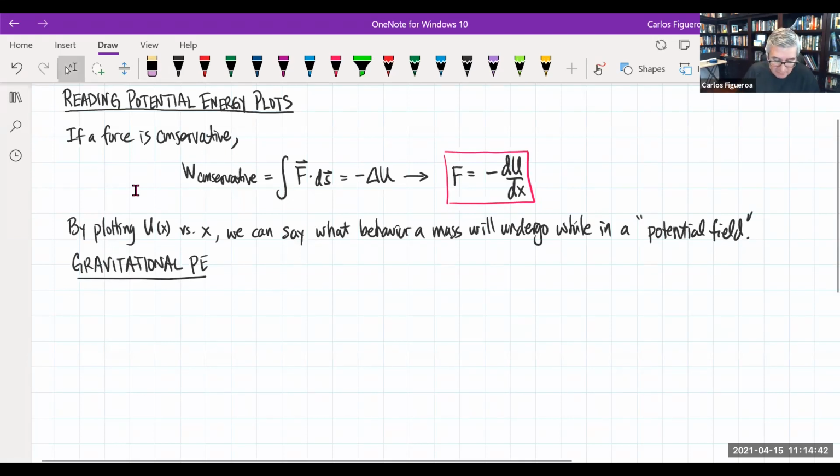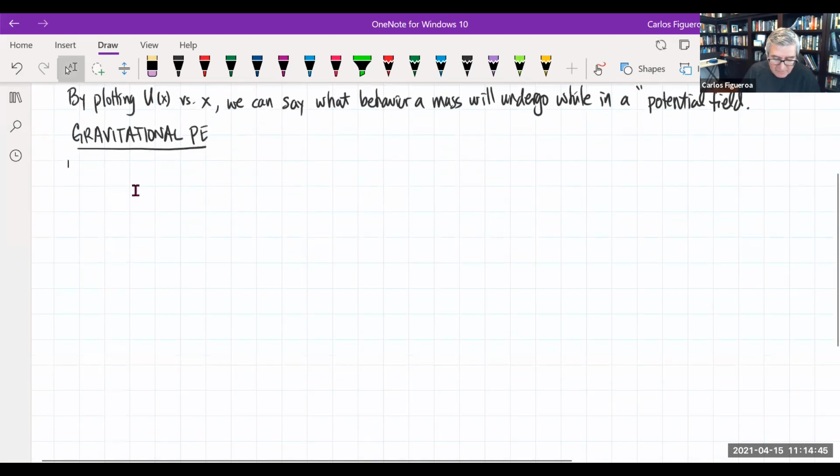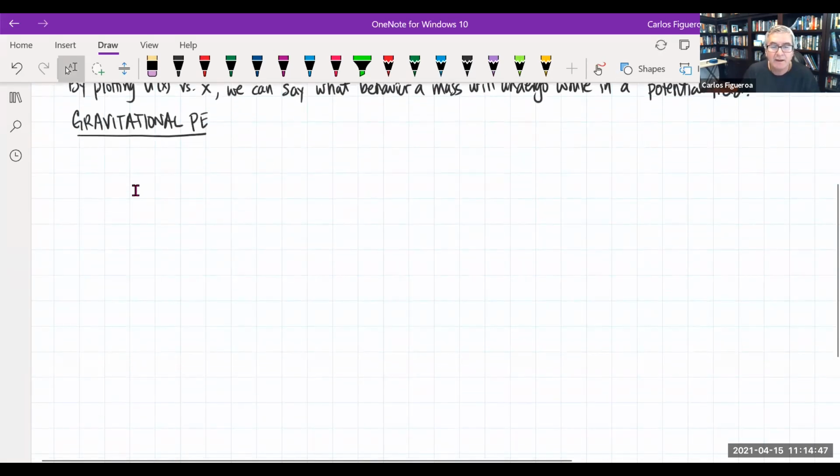This is really a more advanced way of thinking of something. But once you get a feel for it, it makes life so much easier to do. There are a couple of things that are really important about potential functions. There's the force picture, and there's the potential picture.